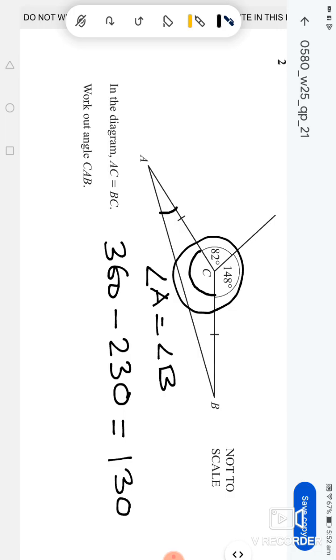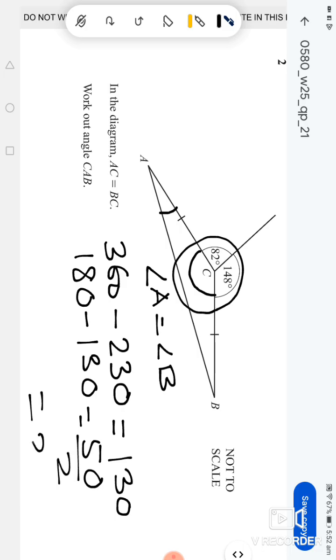And we know the sum of the angles of a triangle is 180. So subtract: 180 minus 130 equals 50. So 50 divided by 2 equals 25. So this angle is 25.